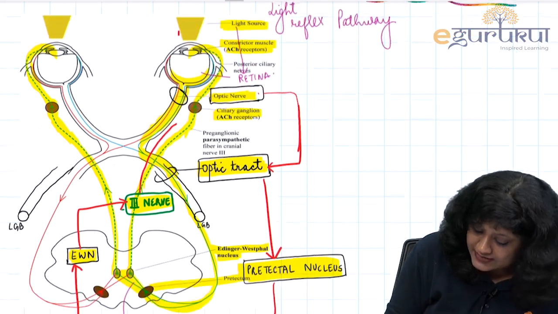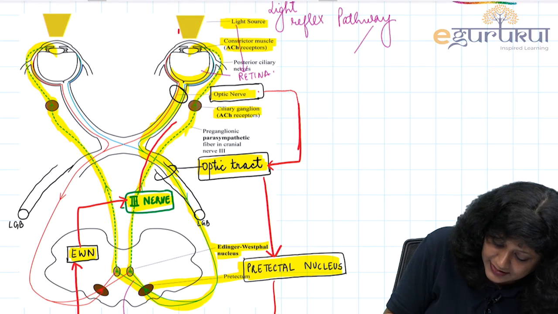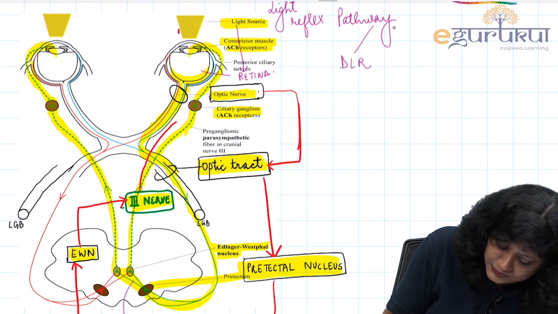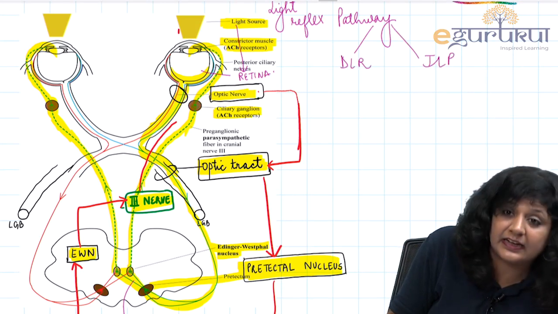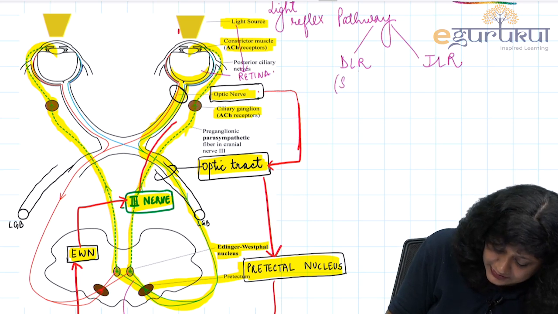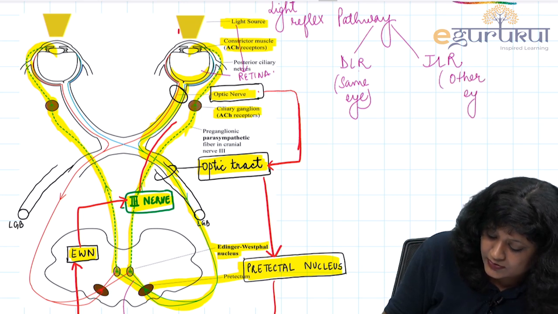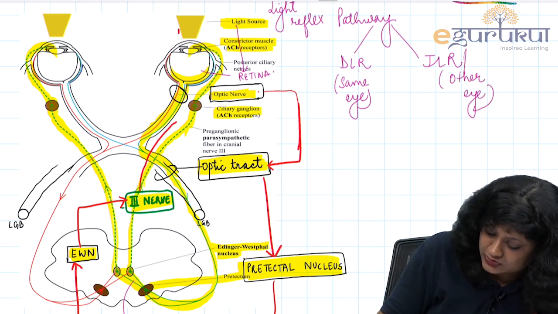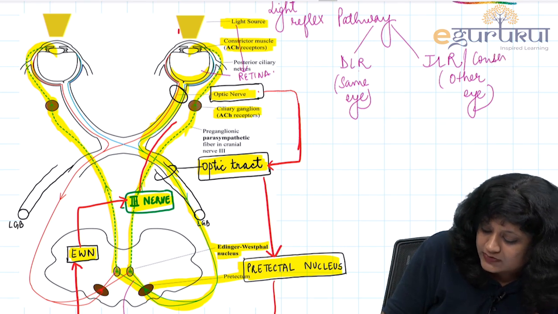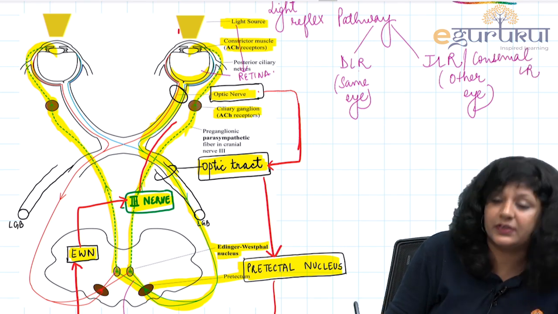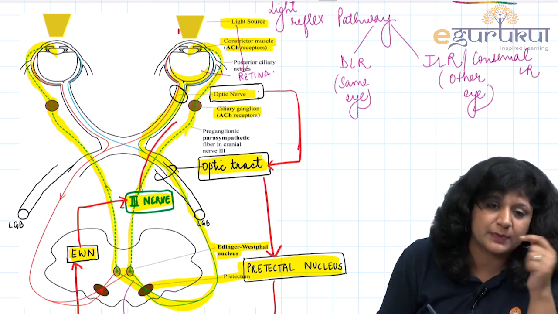Okay, so basically that is why I am getting the direct light reflex, and I am getting the indirect light reflex. Direct light reflex on the same eye or the same side, while on the other side we are going to get the indirect light reflex, which is also called the consensual light reflex. So this was your light reflex pathway.